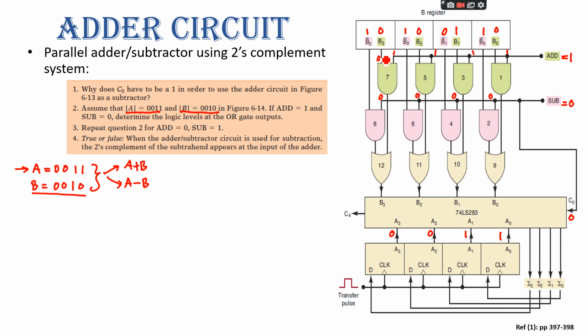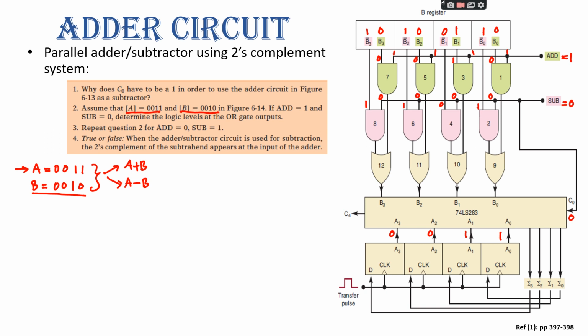This 0 will come in this AND gate, this 0 in this AND gate, this 1 in this AND gate, and this 0 in this AND gate. Similarly, this 1 will come to this AND gate, this 1 here, this 0 here, and this 1 here.